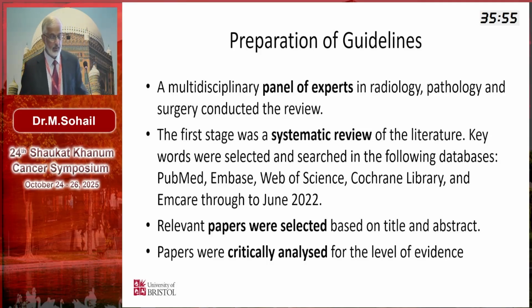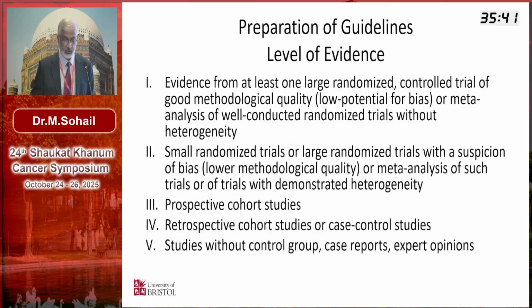So these experts from Europe, from radiology, pathology, and surgical departments, sat together and did a systematic review of the literature. They looked at all the data until June 2022 and critically analyzed these papers. After critically analyzing them, they categorized these into 5 different levels.